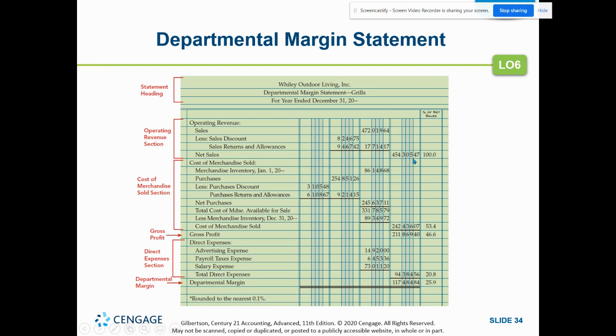So it's basically just format. They've given us all the numbers and we just have to plug those in, and then we calculate our percents. So remember, our cost of merchandise sold will be divided by the net sales. And that's how we get our percentages.